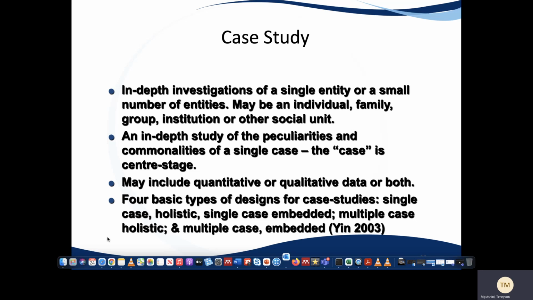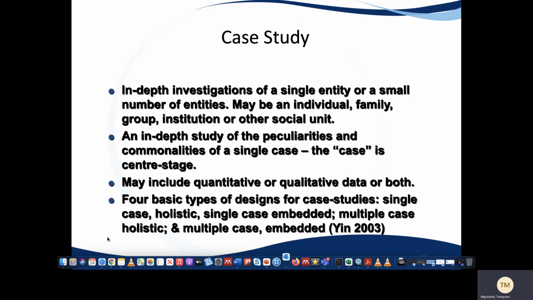But in this case study world, there are 4 basic types of designs for case studies. And I will touch on these, but won't get into them in much detail because you can find out about these through just a quick scan through the internet and so forth.